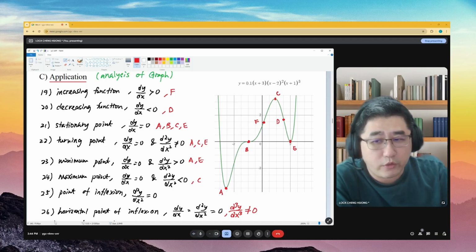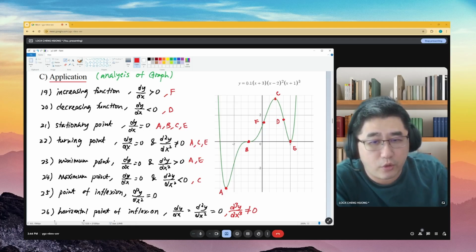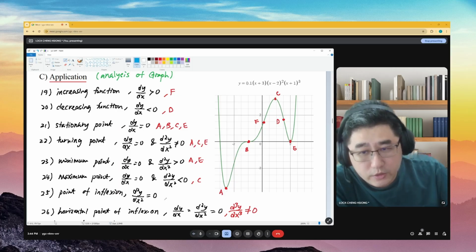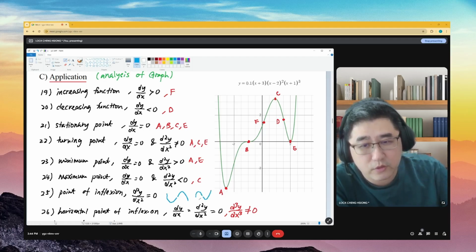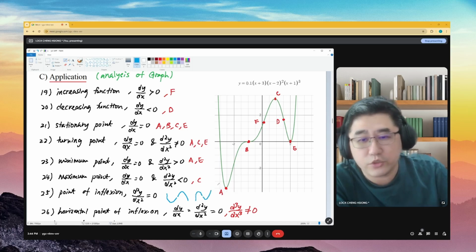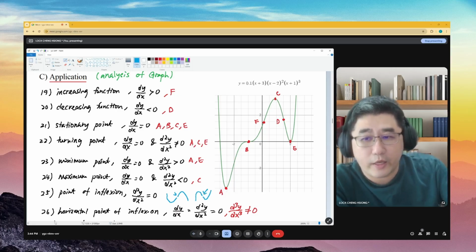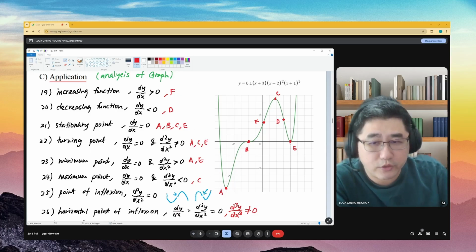Then you have points of inflection. A point of inflection is where the curvature changes, from a smiley face to a sad face, or a sad face to a smiley face. Which points fulfill this?